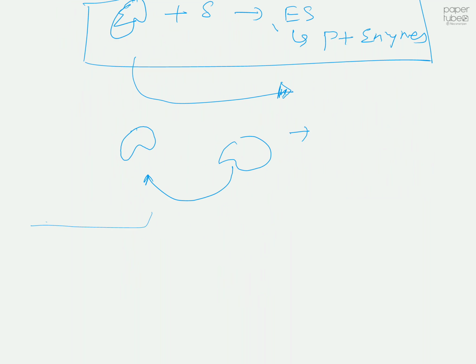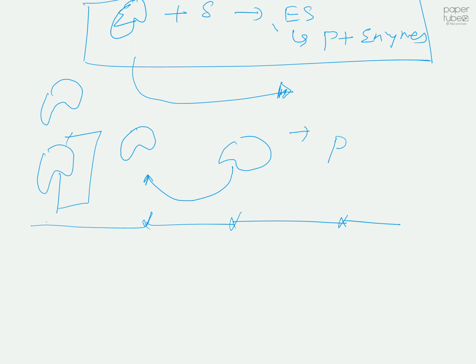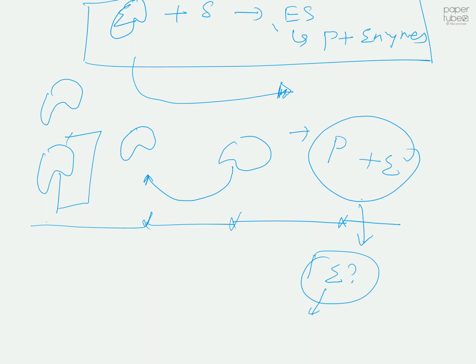But we never talked about how you add your enzymes. Are they freestanding enzymes, or are these enzymes stuck to some other material? And once you form your product, whether your product solution contains enzymes or just pure product.